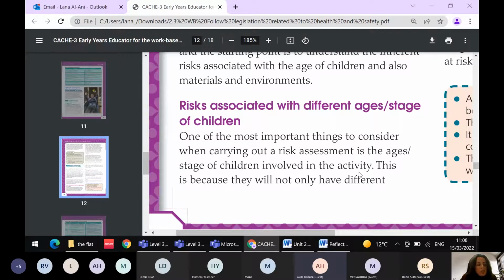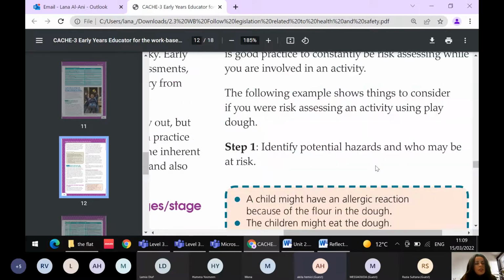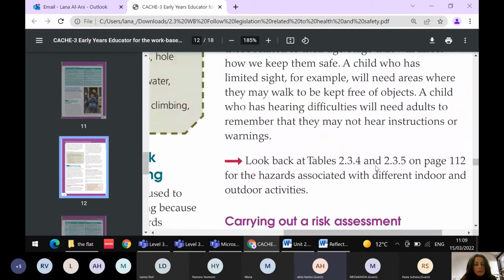That's why you need to do risk assessment. Are the ages of the children suitable for the activities we're giving them? Is it good for them? Or do we need different activities because of their age? They are too old or too young for this particular activity.